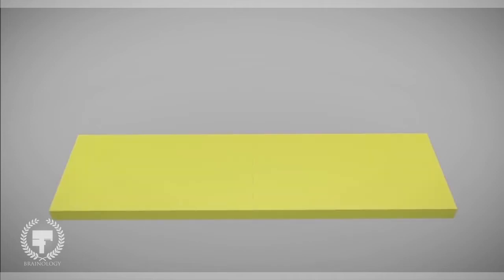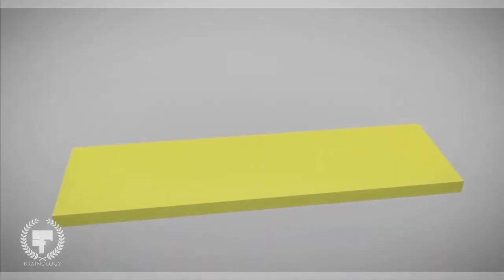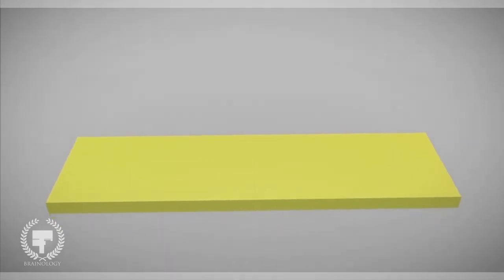So I like to start by building a box. Here we have constructed the floor of the sphenoid bone, and you can think of the outline of the sphenoid bone as a box, as an elongated box.